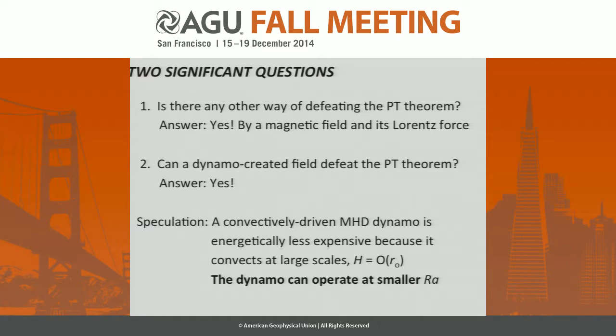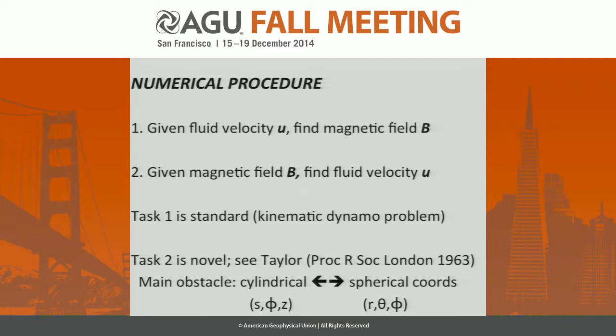You say a convectively driven MHD dynamo is energetically less expensive than a viscous dominated dynamo, because it convects at larger scales. It operates at smaller Rayleigh numbers. So the conceptual way of solving this is quite different from the usual way these problems are solved at the moment.